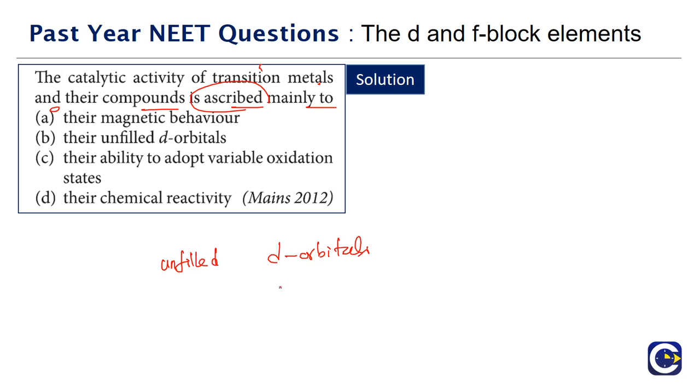The unfilled d orbitals help these elements form some sort of chemical interaction. We don't call it a chemical bond as such, but a chemical interaction with the reactant molecules. So the reactant molecules will be able to approach the catalyst surface.